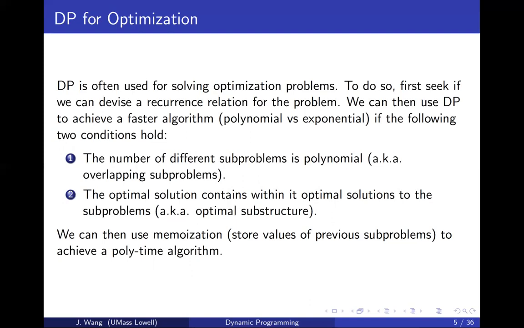In other words, if an optimal solution involves solving subproblems, then the part of the optimal solution also gives the optimal solution to the subproblems. That's what the second condition means.